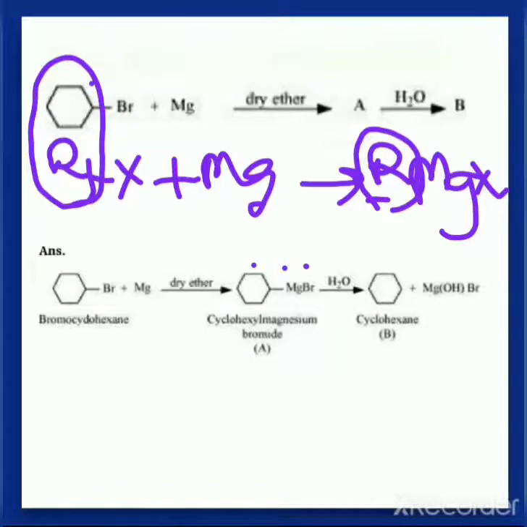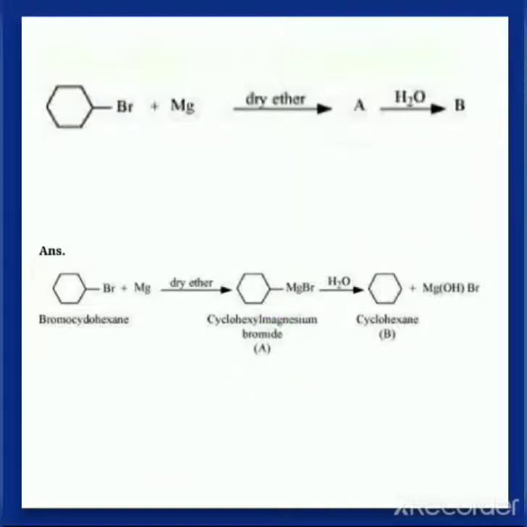X here is Br. So we got this product A, which is called cyclohexyl magnesium bromide. Why cyclohexyl? This is the cyclohexyl group, then magnesium, then bromide: cyclohexyl magnesium bromide. So we got the product A.